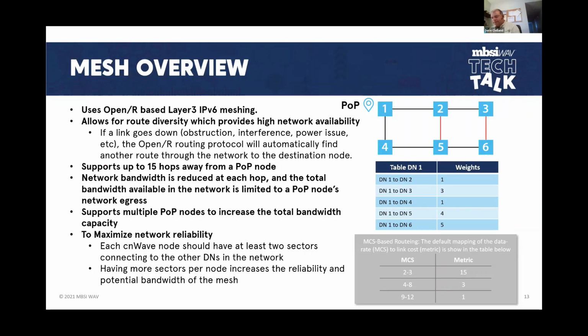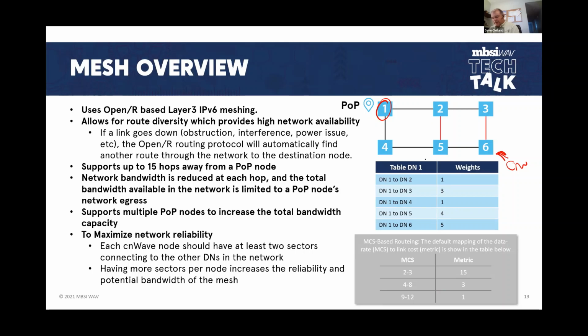Here in this case, I have this really simple little mesh. So I've got my 6 DNs that are connected together. The system assigns a weight to get to the POP. So it knows that DN number 1 here is the POP, and so when I have a CN that's connected to, say, node 6 here, each particular route has a particular weight.